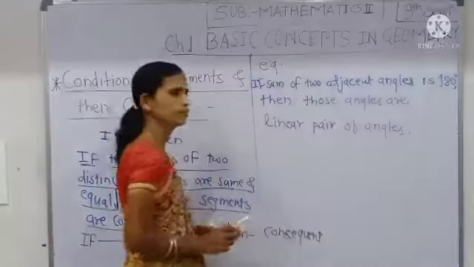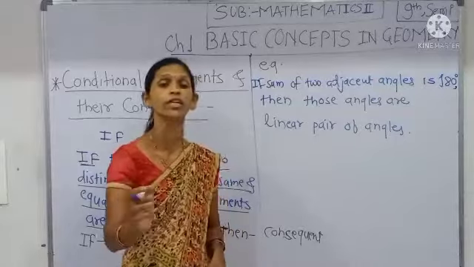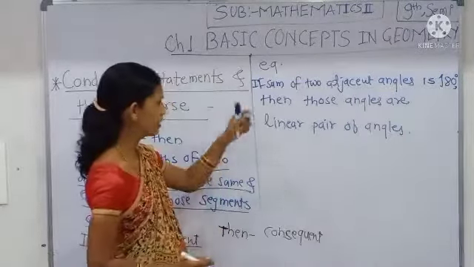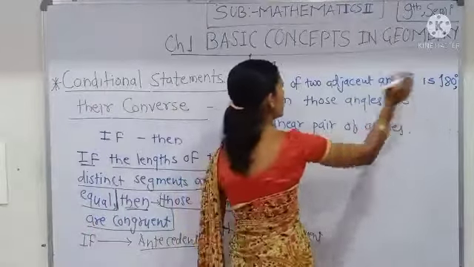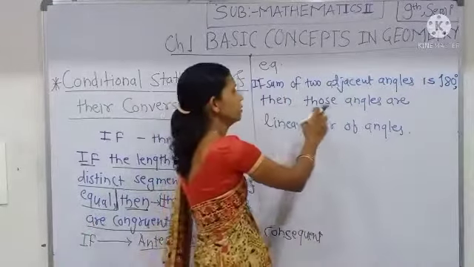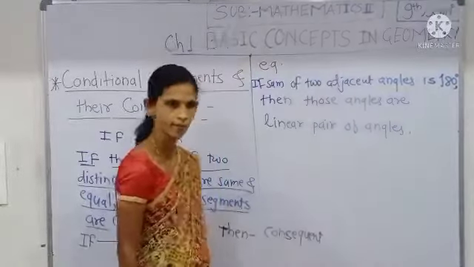Here the conditional statement, the property of linear pair angles, is given. If the sum of two adjacent angles is 180 degrees, then those angles are a linear pair of angles.